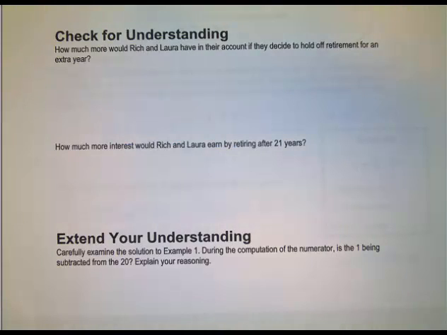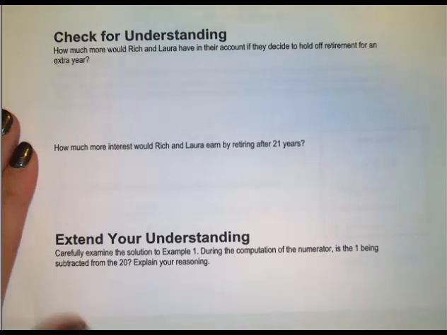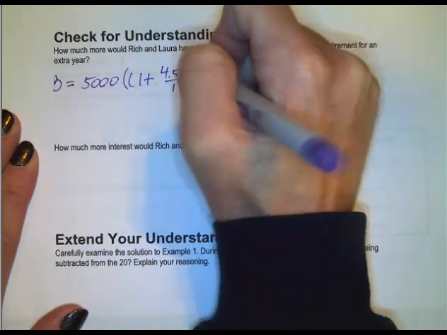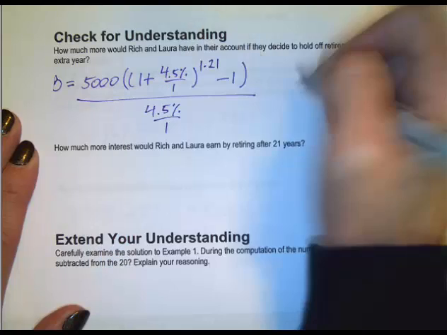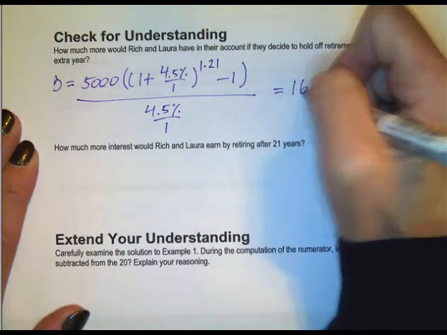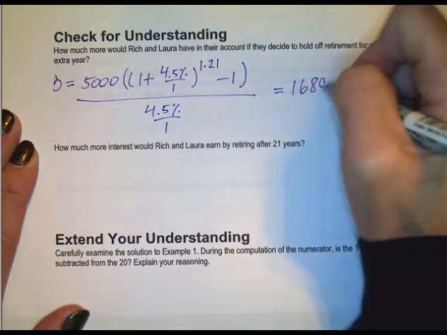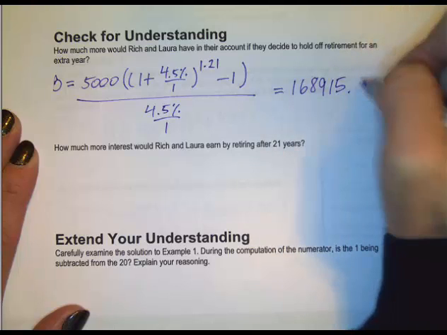So how much more would Rich and Laura have in their account if they decide to hold off retirement for an extra year? So now we have B equals 5,000, double parenthesis, 1 plus 4.5% over 1, raised to the 1 times 21 minus 1, close parenthesis, over 4.5% over 1. So now they would have 168,915.68.